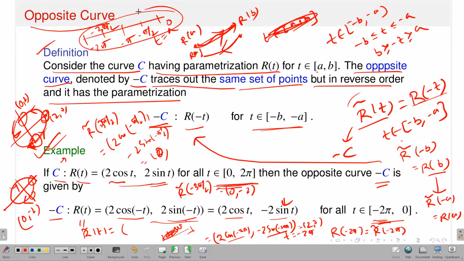You just check it, you will get it. Therefore, the main conclusion is that if I have a curve C having parameterization r of t, then I can have the notion of the negative of my curve, which is minus C, and what is the relation between the directions of C and minus C?